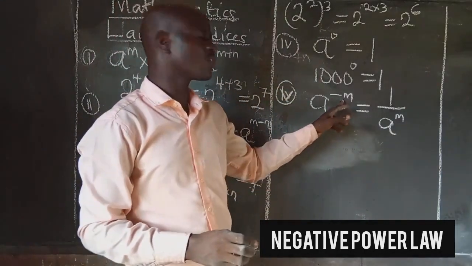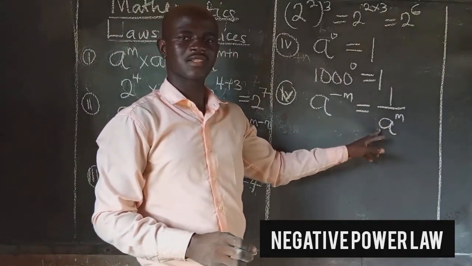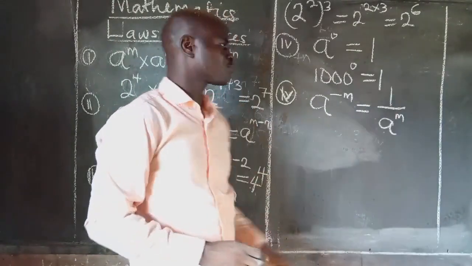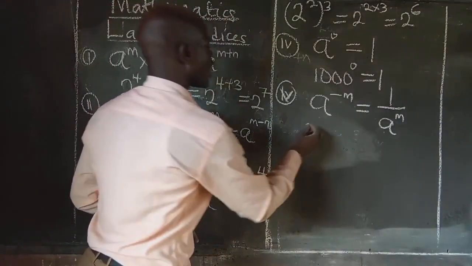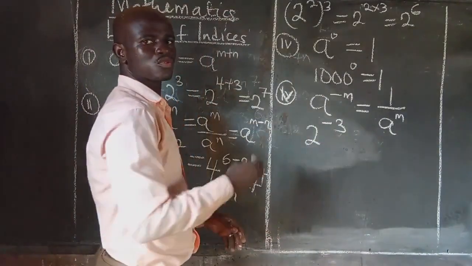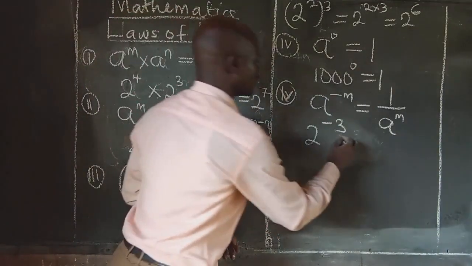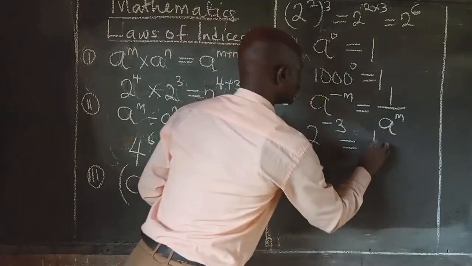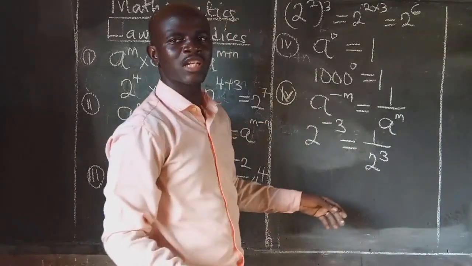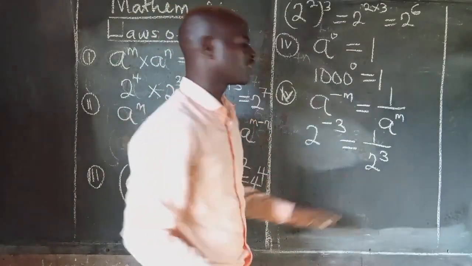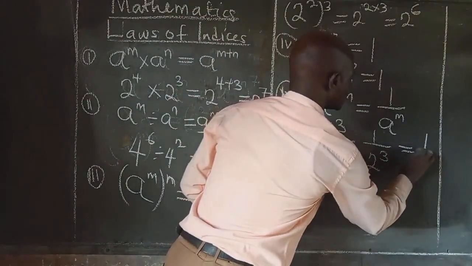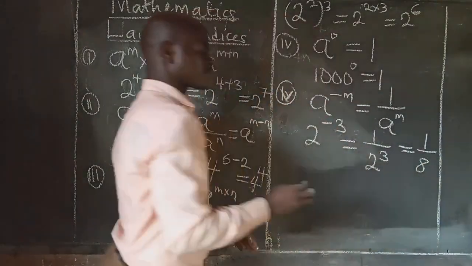For example, if we have 2 raised to power minus 3, it is the same thing as 1 all over 2 raised to power 3. And you will agree with me that 2 raised to power 3 is 8. So our answer now is 1 all over 8.